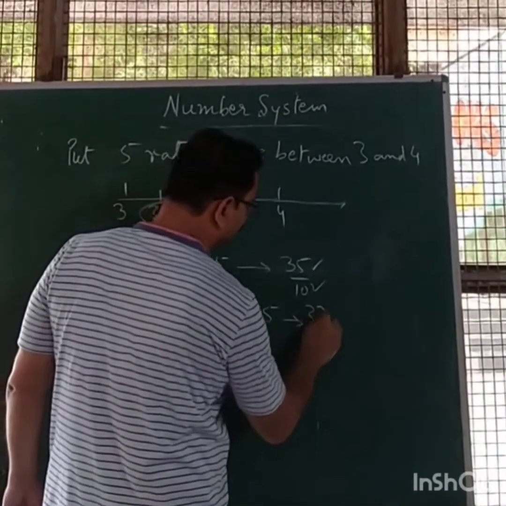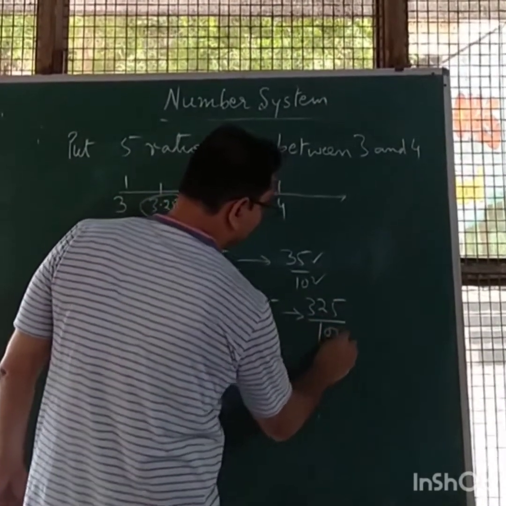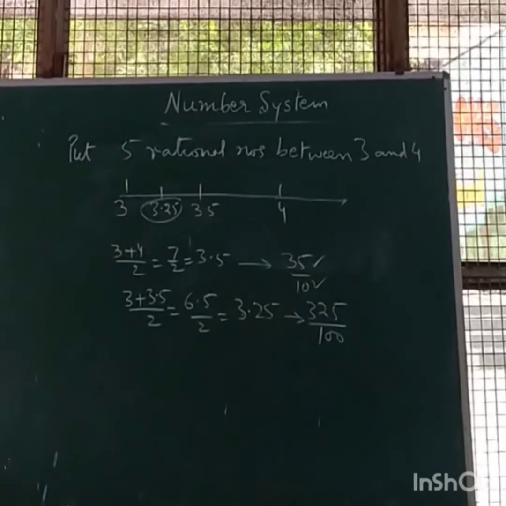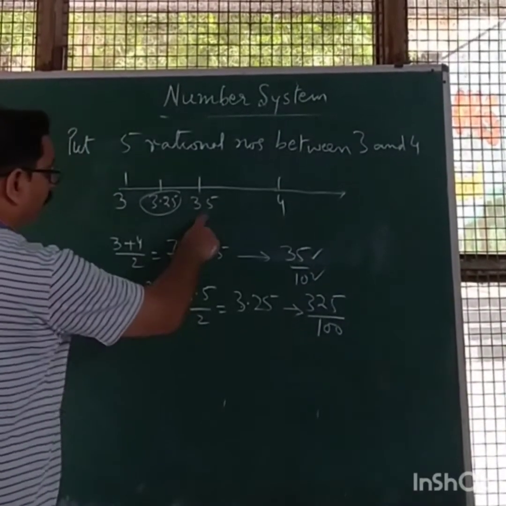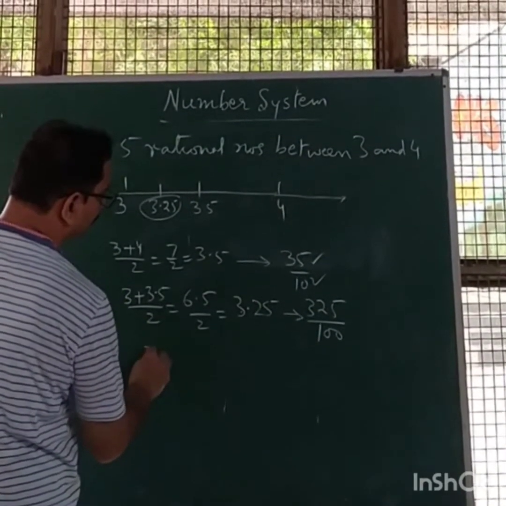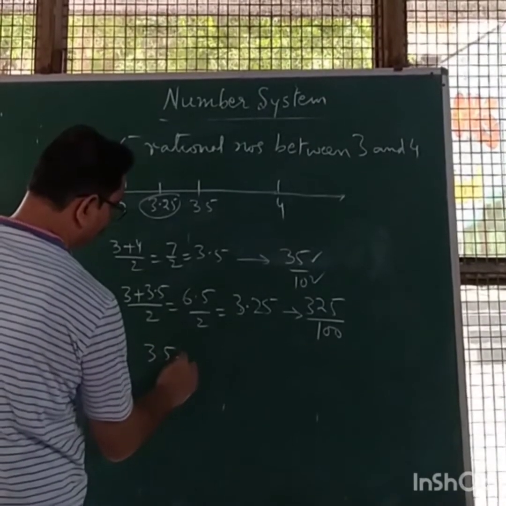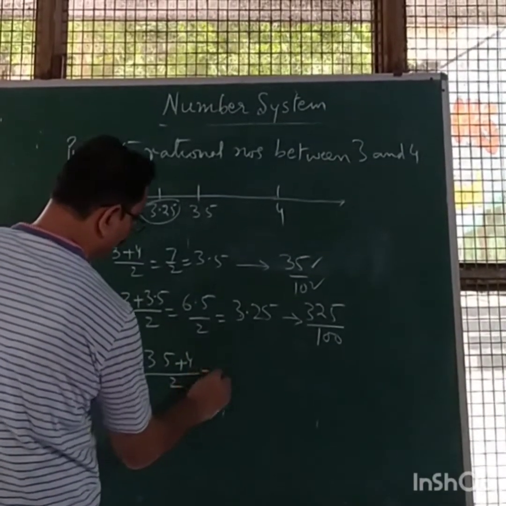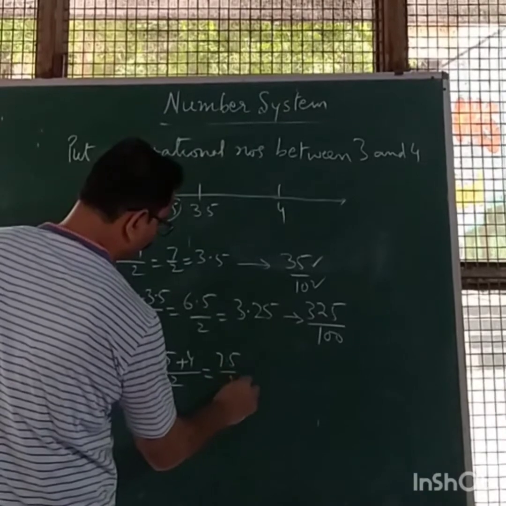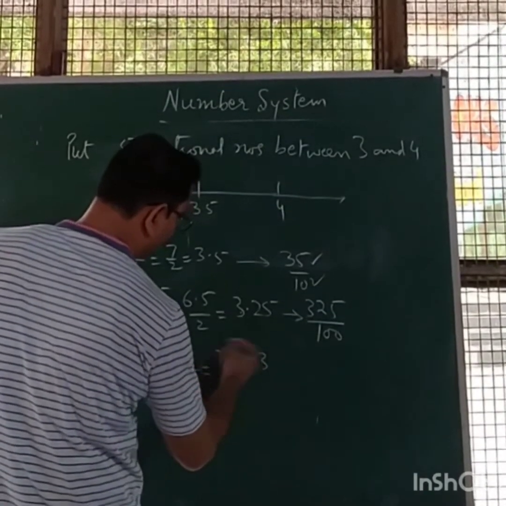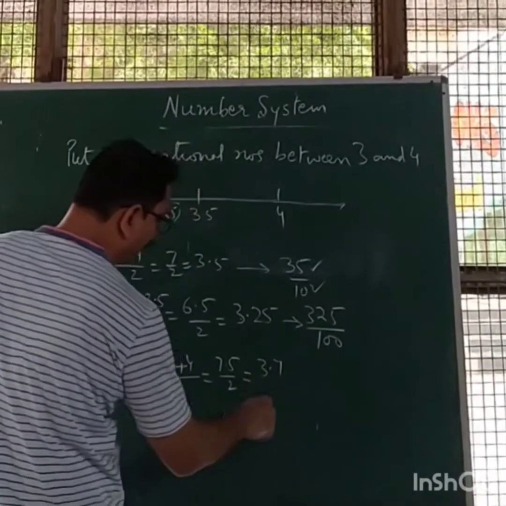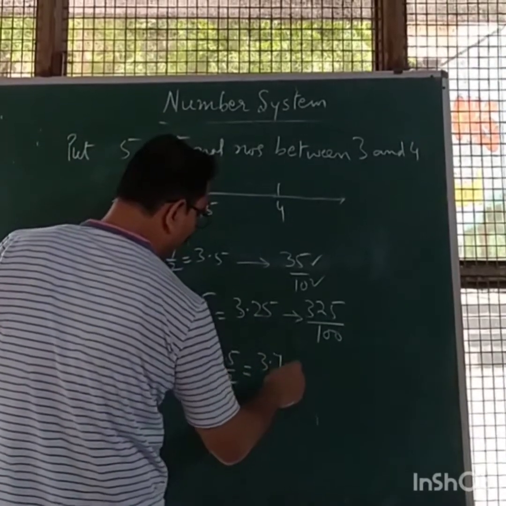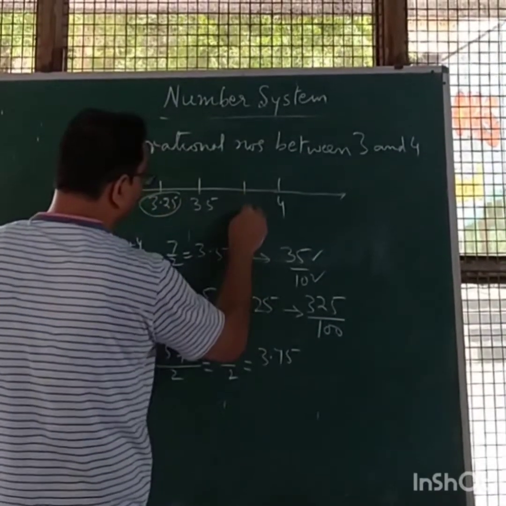Yes, we can write it as 325 upon 100. Put another number: 3.5 plus 4 upon 2, 7.5 upon 2, 2 3s are 6, 2 7s are 14, 2 5s are 10, 3.75.